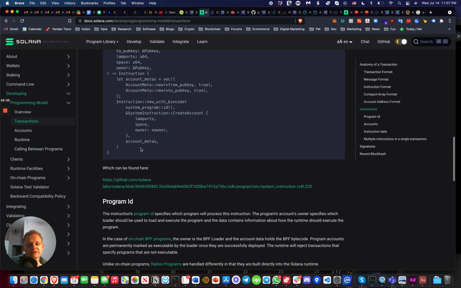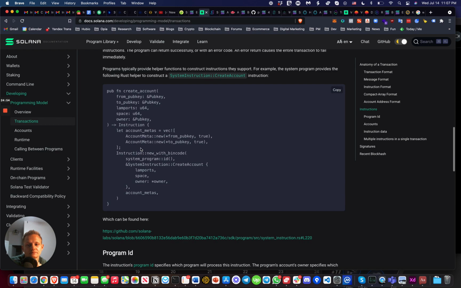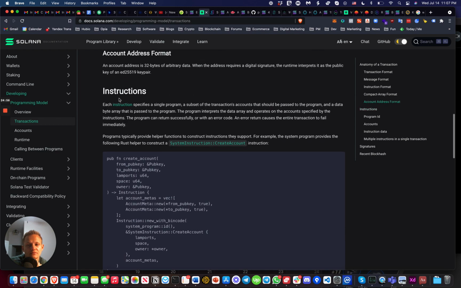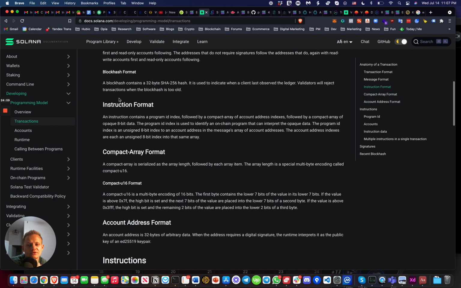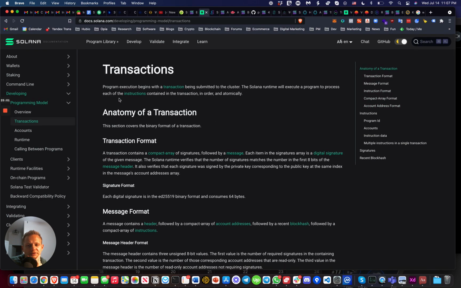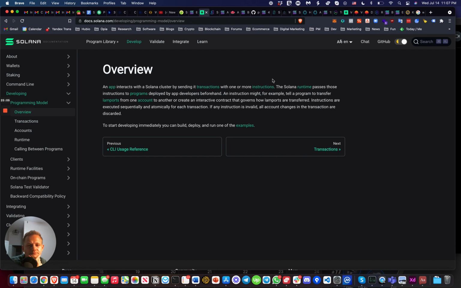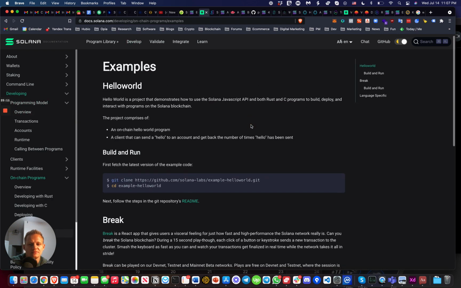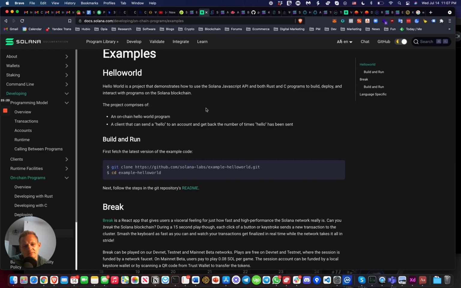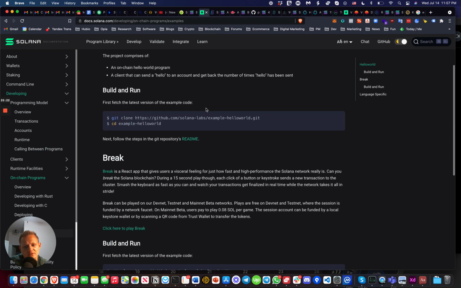I mean, this looks like any regular blockchain. Now, what language are they using? I believe it is... okay, that is deploying one of these examples. How to use the Solana JavaScript API and both Rust and C programs to build it. Okay, so it seems like you can build programs with Rust here.